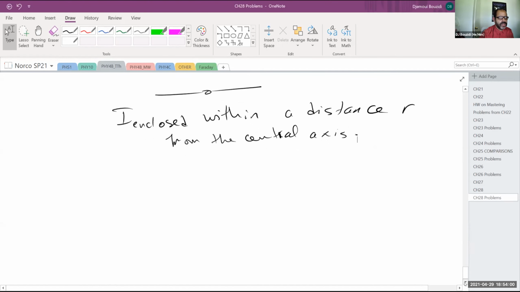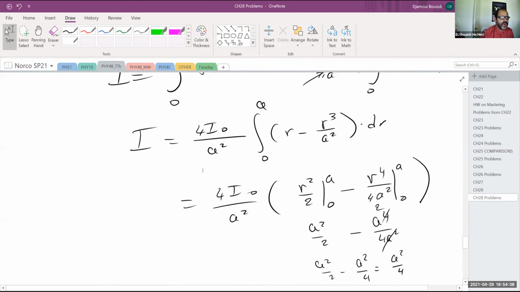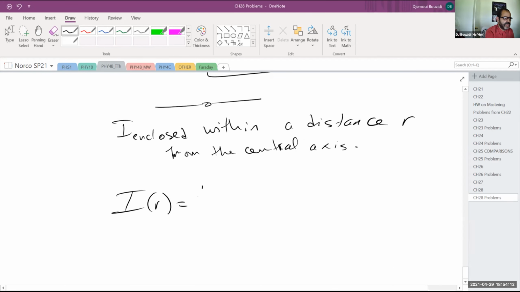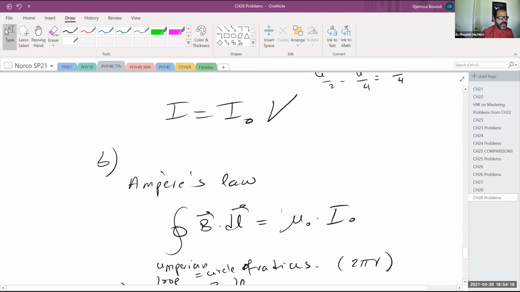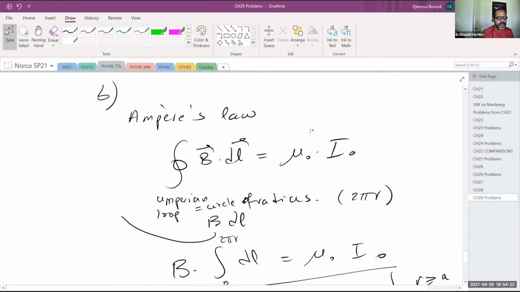So I sub r now, which depends on how far we are from the central axis, is going to be mu naught I naught squared over a squared, that should not change, times open parentheses. The dummy variable now is r prime, actually, not r.